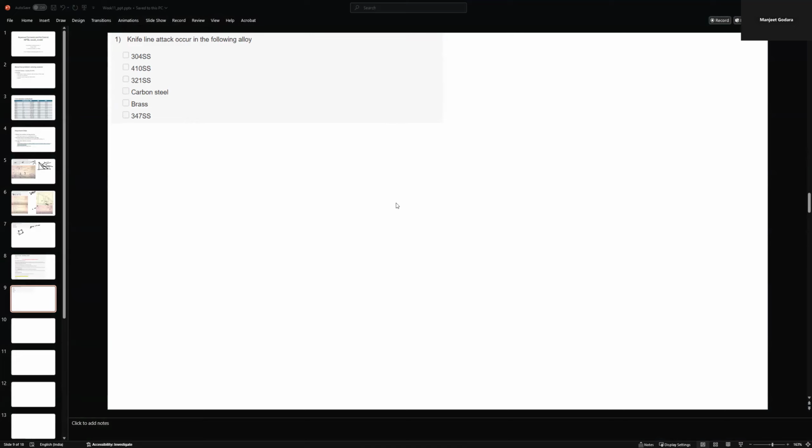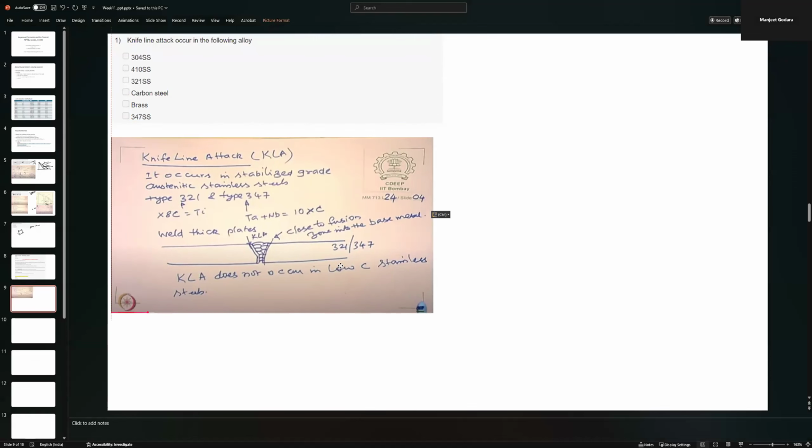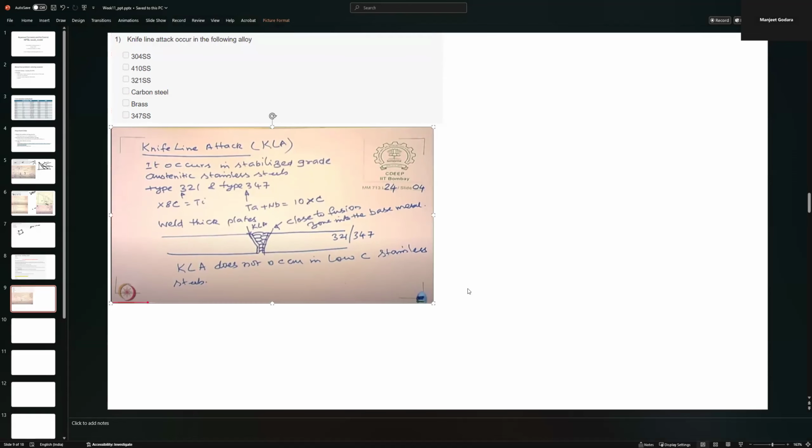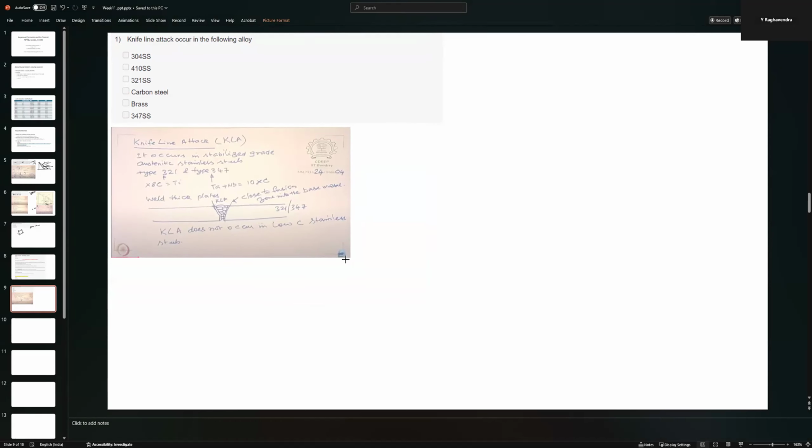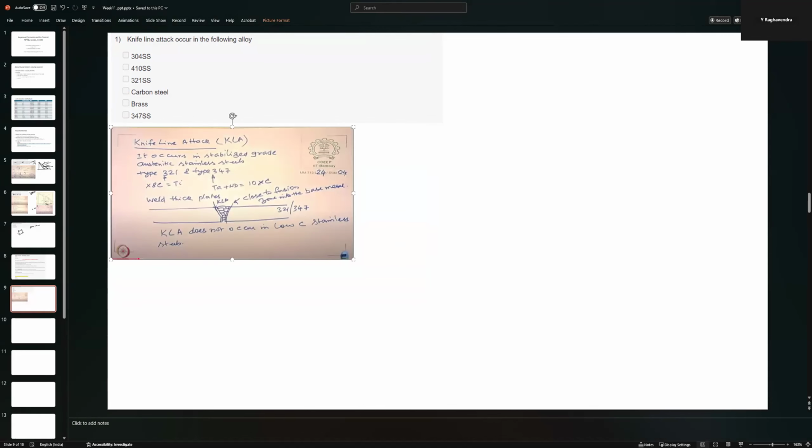So for the lifeline attack, Cr23C6 precipitation occurs under low cold working condition also.